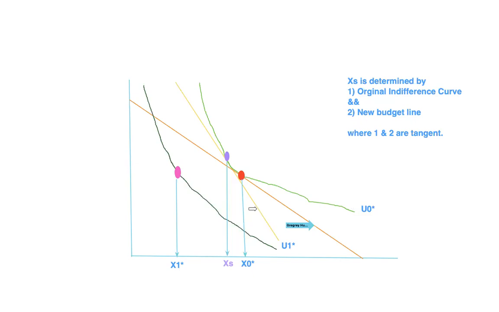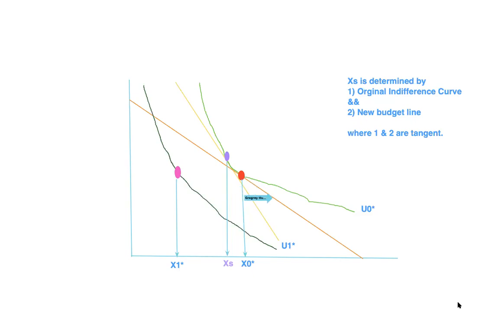But the thing that's different between the red dot and the purple dot is that the red dot is what the consumer chooses under their original budget, with the original prices they're facing for the 2 goods.